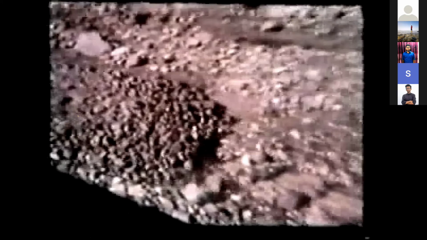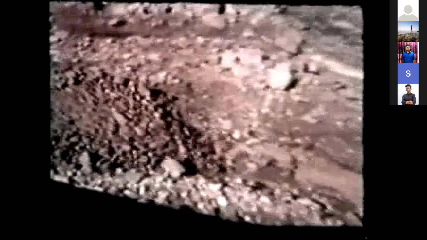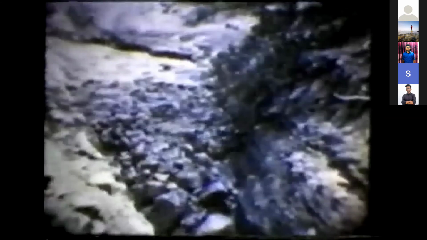Okay, the deposit here is becoming much more fluid. Notice how big some boulders are. The particles in a debris flow can be huge. Again, notice how some of the very large particles are floating on the top, which is kind of counterintuitive.